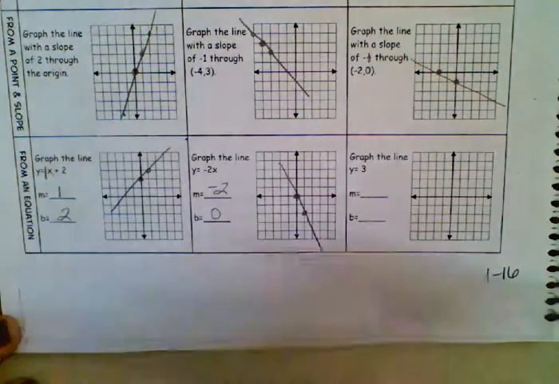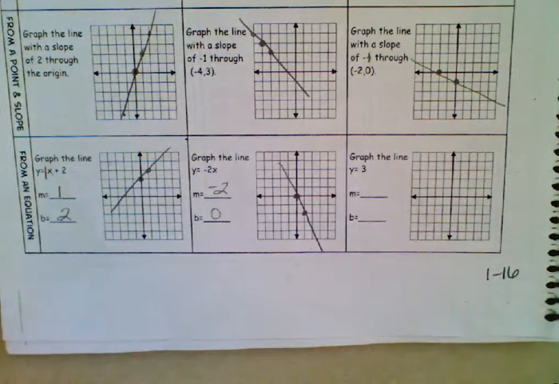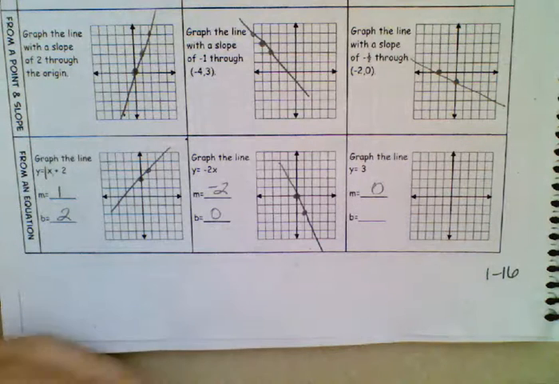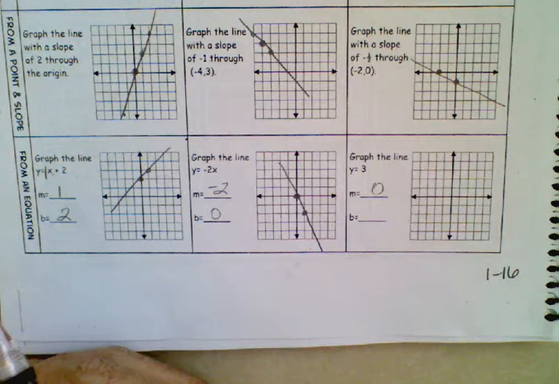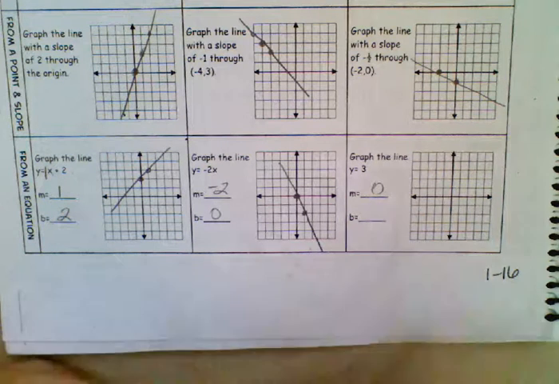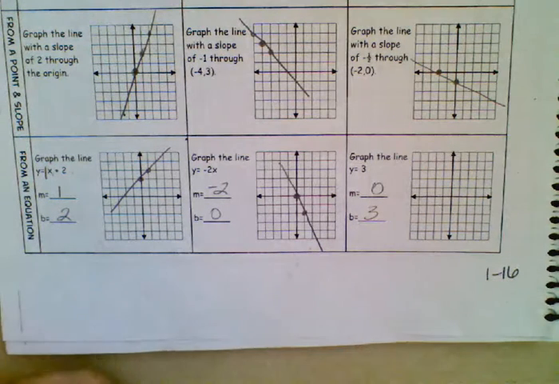Tyler. Graph the line y equals 3. What kind of line is that going to be? A slope of 0, right? Good. Slope of 0. What's your y-intercept? It is? Oh, 3. What kind of line has a slope of 0?